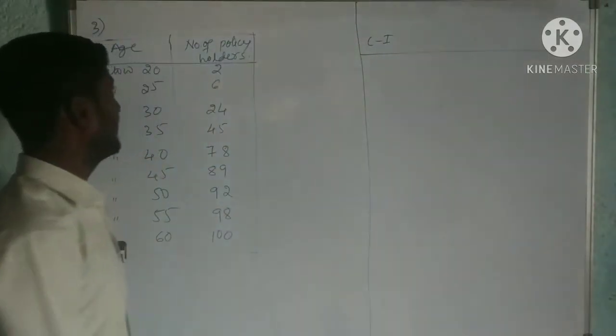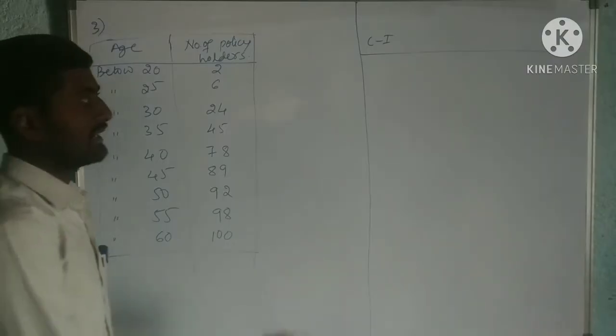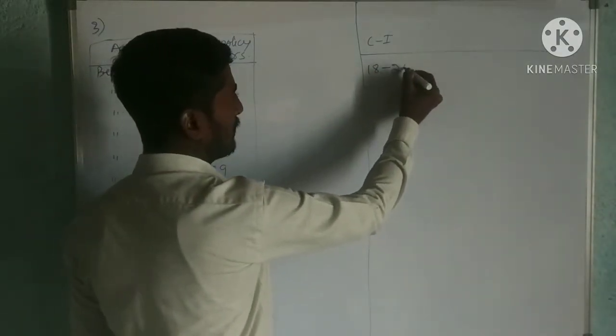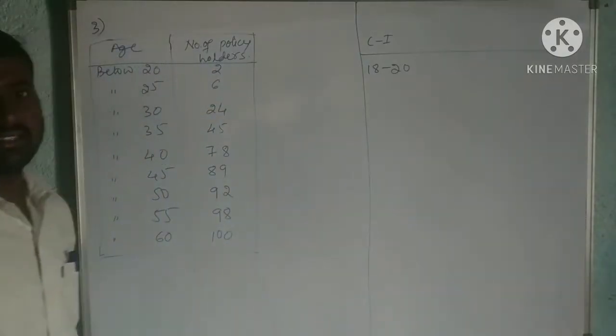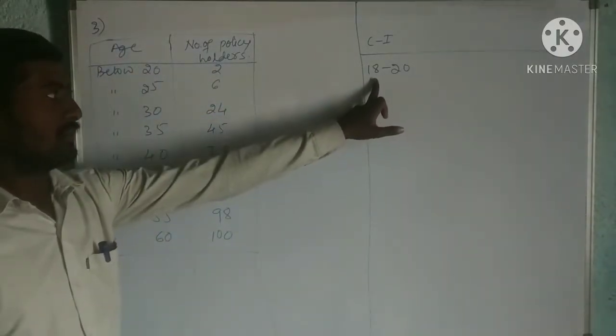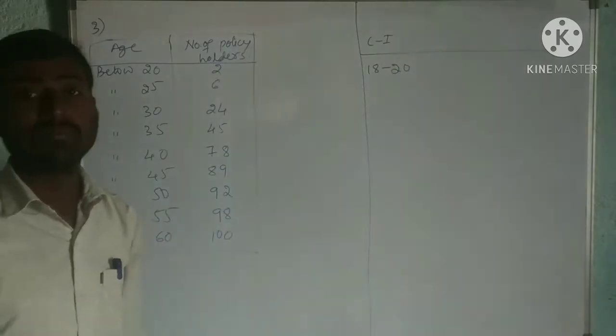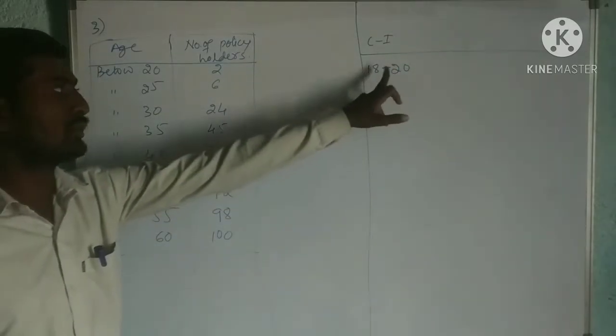So below 20, I can take it as 18 to 20, or below 20 also you can write, no problem here. Because they said that a person having the age of 18 only can have a policy. That's why 18 to 20.